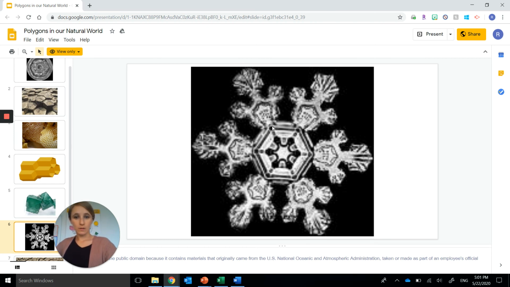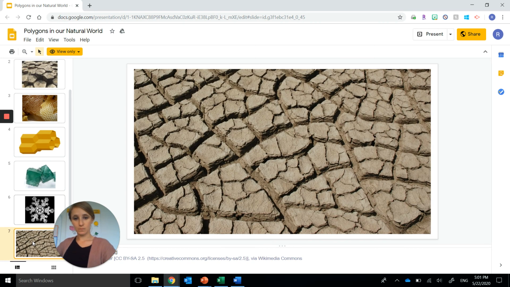Let's count the edges of this. 1, 2, 3, 4, 5, 6. Inside of this snowflake, wow, there's a lot of shapes going on here. I'm wondering how many different shapes you might be able to find in this picture.